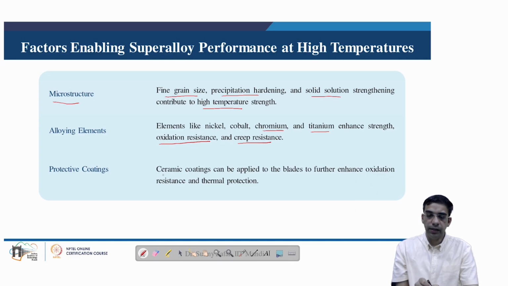And in gas turbine blades, we also use protective coatings in the form of thermal barrier coatings, which are further useful to develop enhanced oxidation resistance and thermal protection of these blades.